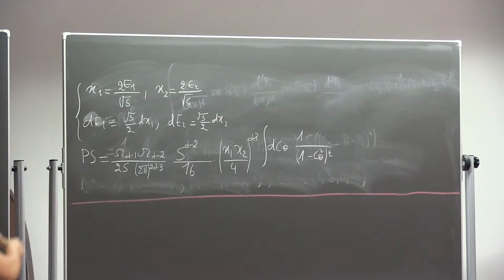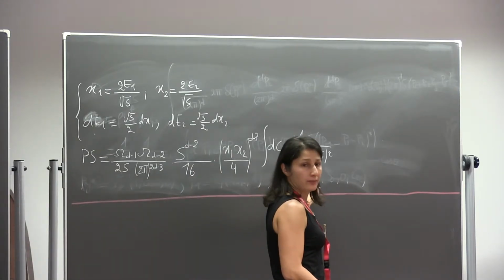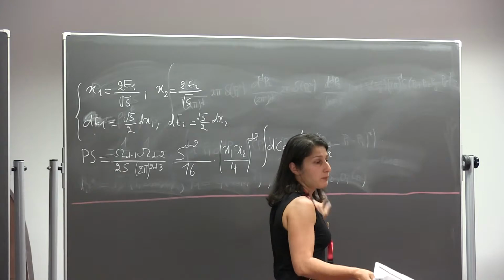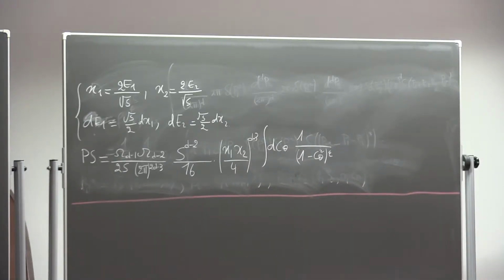So this 1 minus cos theta squared comes from here. I just wrote sine theta to the power minus 2 epsilon as 1 over 1 minus cos theta squared to the power epsilon. What's the epsilon? So we are working in d dimensions.